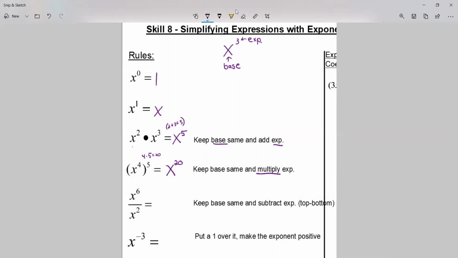Again, what we could make you write is x to the 4th is 1, 2, 3, 4. And then this means write that 5 times. So if you write that out 5 times, you can now see that there are 5 sets of 4 x's, which makes 20.